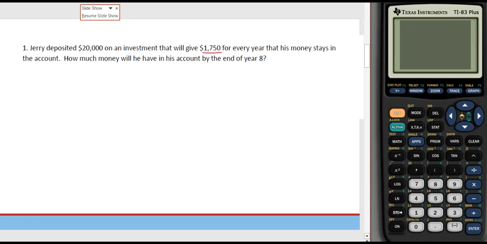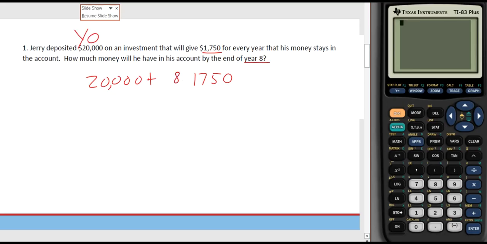And our initial value is 20,000. And typically for arithmetic, we take our initial plus our n minus 1 times the common difference. Our common difference here is the 1750. But because this is an investment, this is really year 0, and we want to know at the end of year 8.